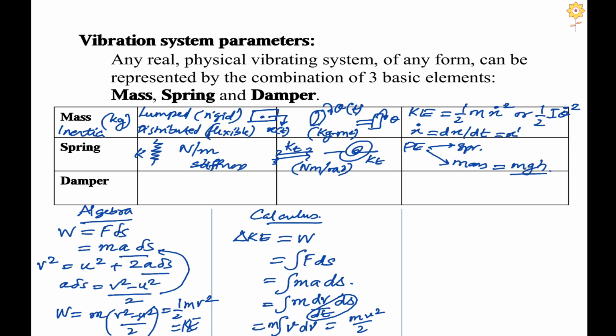This might be present in cases such as a pendulum, while it may not be present for masses which are oscillating about a pivot point but which themselves are horizontal in position. The spring always has a potential energy, and this is given by half times the stiffness times the deformation square. So let us see how this equation has been derived.